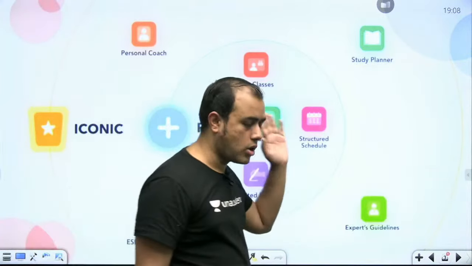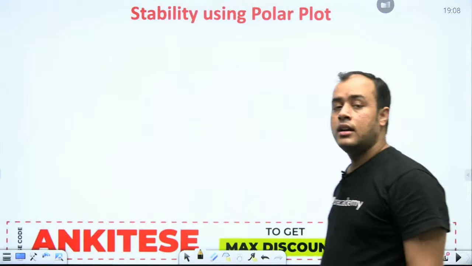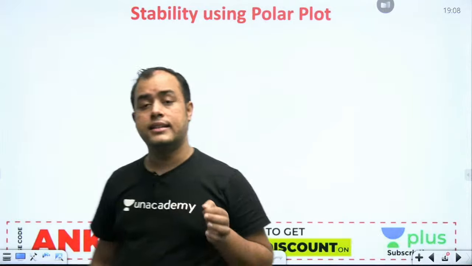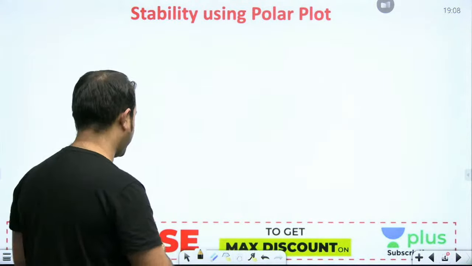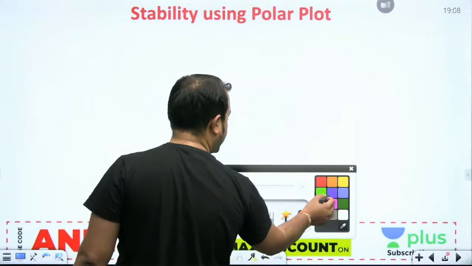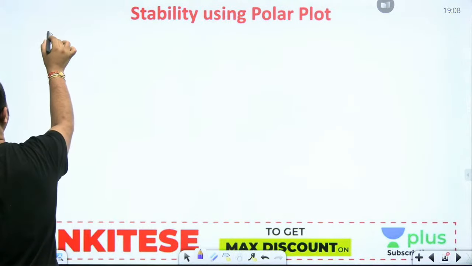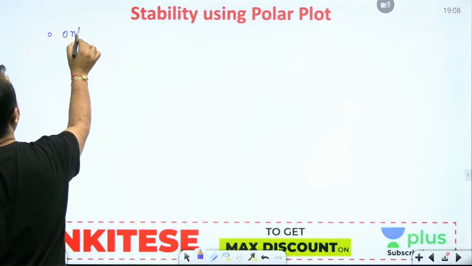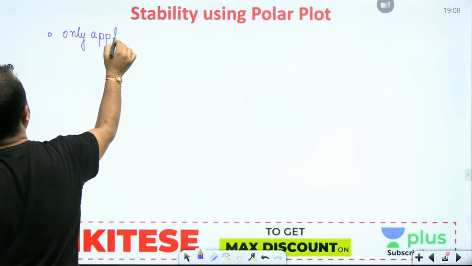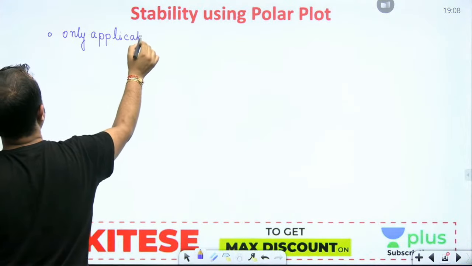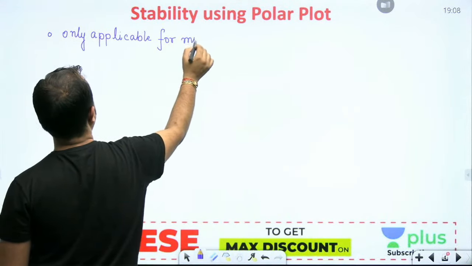Okay then, my friend. Is that clear? So let us start. Today what I am going to discuss is how can you judge stability using the polar plot. First of all, let me tell you one thing: it is only applicable for minimum phase system.